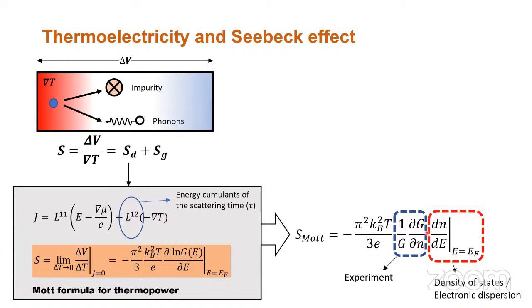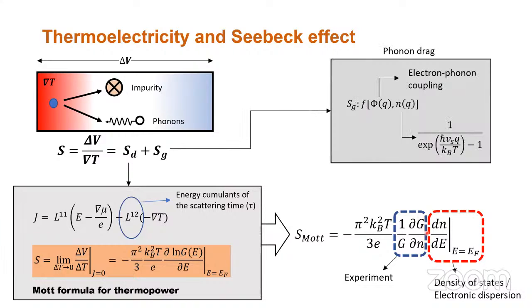And this one is essentially the density of states or electronic dispersion. Okay? And that helps because now you can actually look at the nature of the density of states, which gives you complementary information about the electronic properties, complementary to other transport or thermodynamic probes. Okay, this is diffusion thermopower.